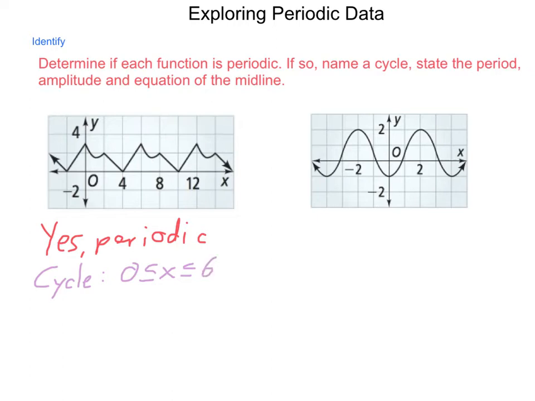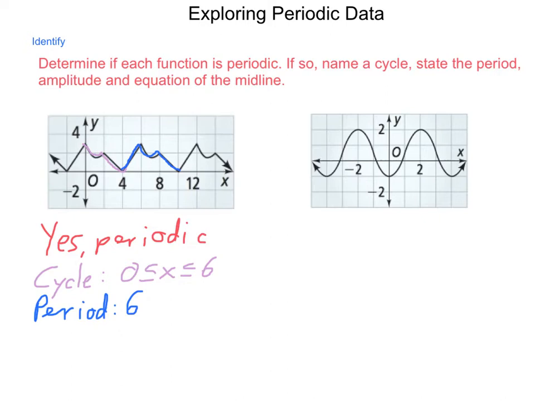So that would be here, tracing along back up to there. That is one cycle. Next, our period. Our period is 6 units long, because it goes from 0 to 6. We could just as easily have said that it went from 4 to 10, which would give us another period of 6 units in length.